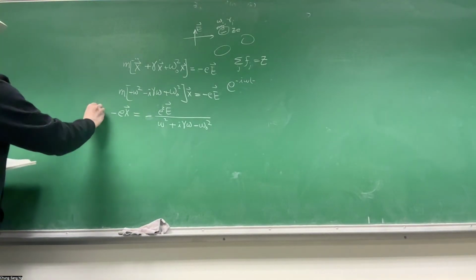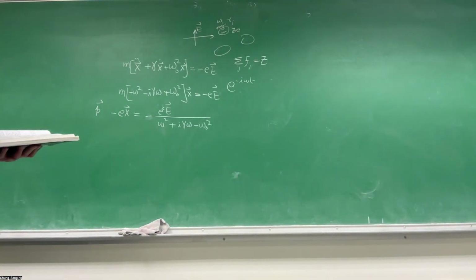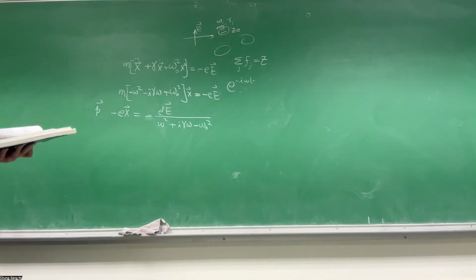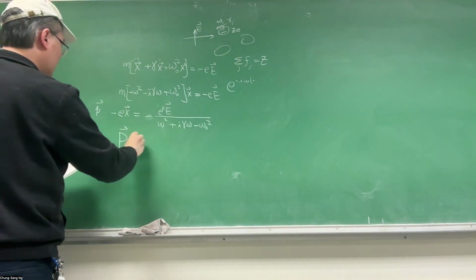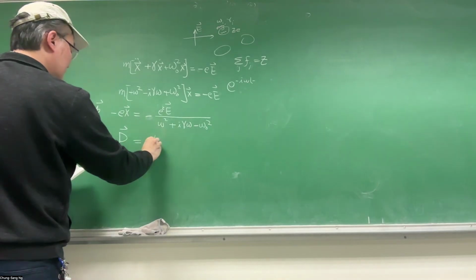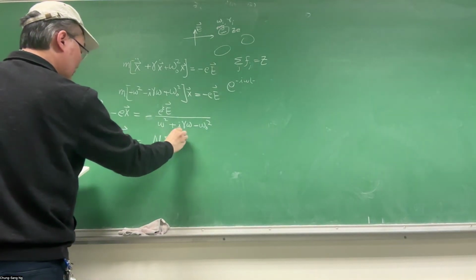So this is p, the dipole moment. And then you sum over the contribution of all charges. Because the polarization is the dipole density, you have a density N, and sum over all the p.